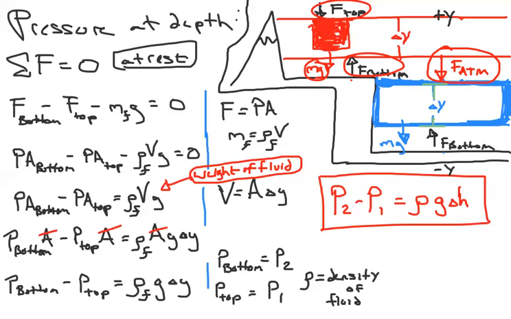So all the forces pointing up will be positive, all the forces pointing down will be negative. So the force from the bottom is pointing up. The force from the ground is pushing up on the fluid, so that's positive. And then we have the force from the top, which is the atmospheric force in this case, or the force from the atmospheric pressure, pushing down, and then we have the weight of the fluid itself pulling down on itself, right?